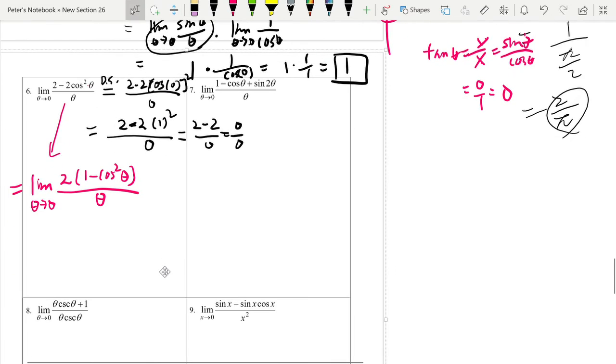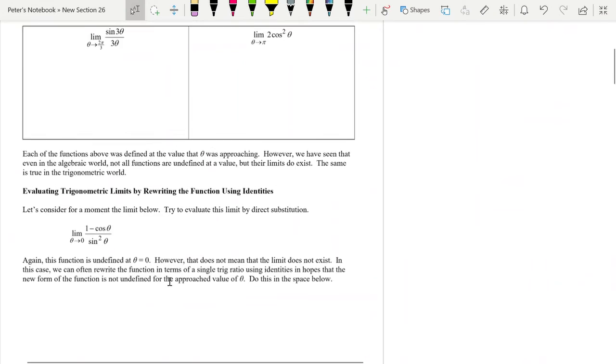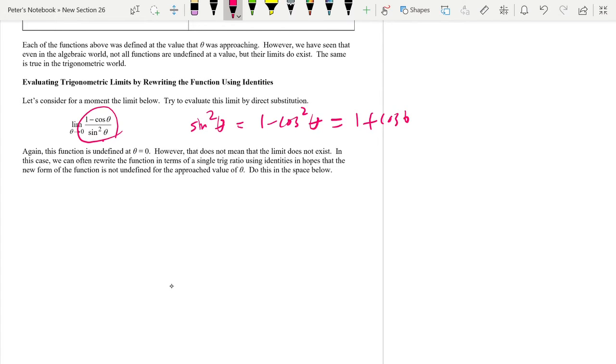So what I can do is, if you folks remember our earlier work, I told you that you can write sine squared theta as 1 minus cosine squared theta. And then 1 minus cosine squared theta can be rewritten as 1 plus cosine theta times 1 minus cosine theta, using the fact that x squared minus y squared is x plus y times x minus y.